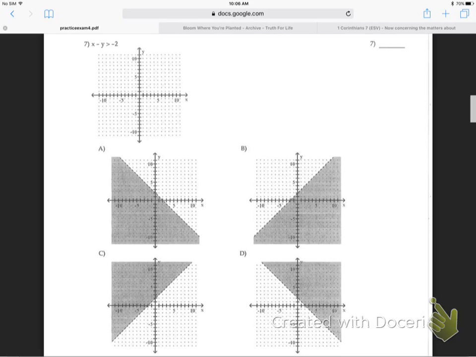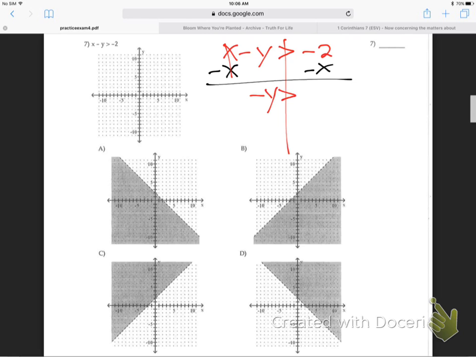Right on the clicker, wrong on the practice exam? Yes. Me too. I didn't think about it, I was like, okay, so here's the wall. Y won't be alone. So what do we do first? Get rid of the x. Subtract the x. Like that. That's minus x minus 2.